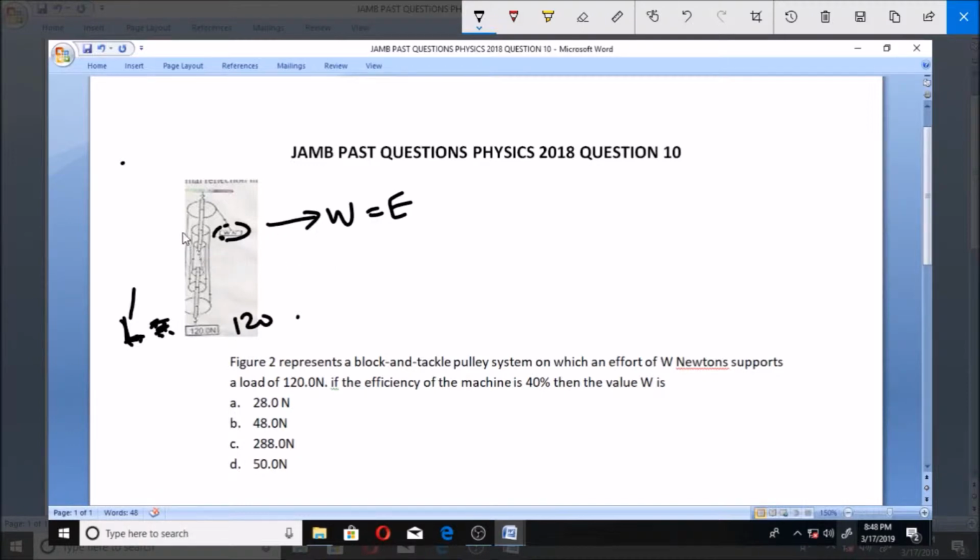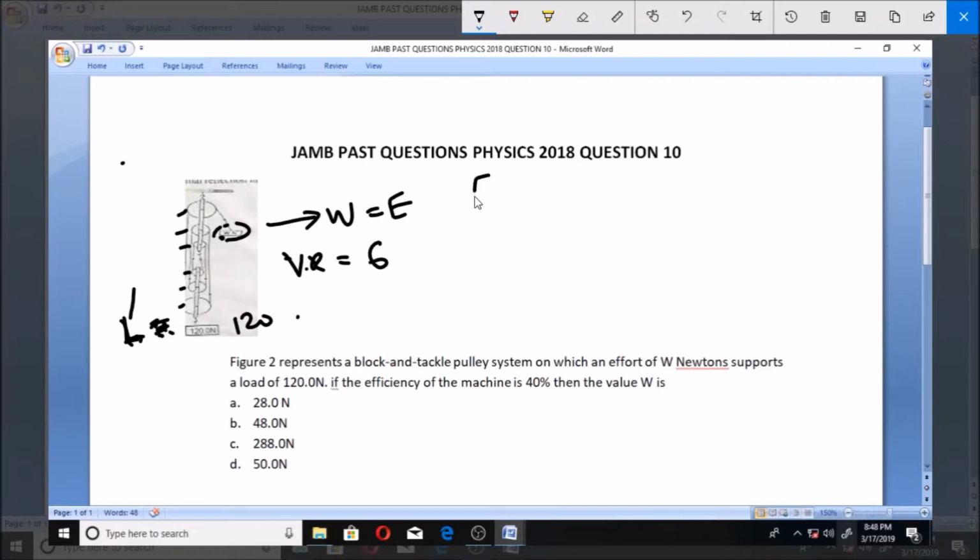Also note from this that we have how many pulley systems? We have 1, 2, 3, 4, 5, 6. So that means that the VR is equal to 6. Take note of these things before we start the calculation.